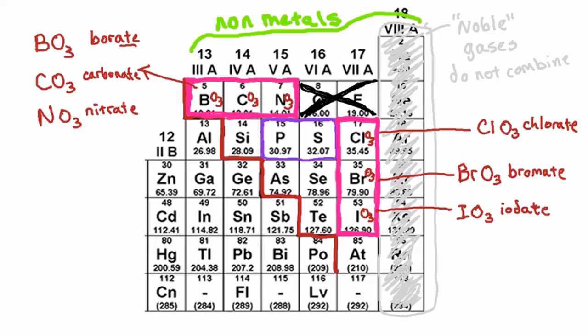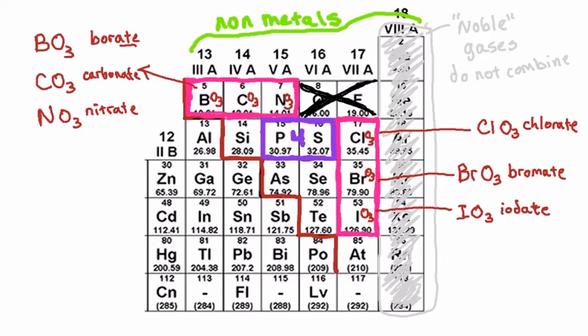Now, the only ones different from this are when we highlighted the P and the S, the phosphorus and the sulfur right here, that bridges those 2 hot pink boxes together. So these are both going to have 4 oxygens in them instead of the 3.